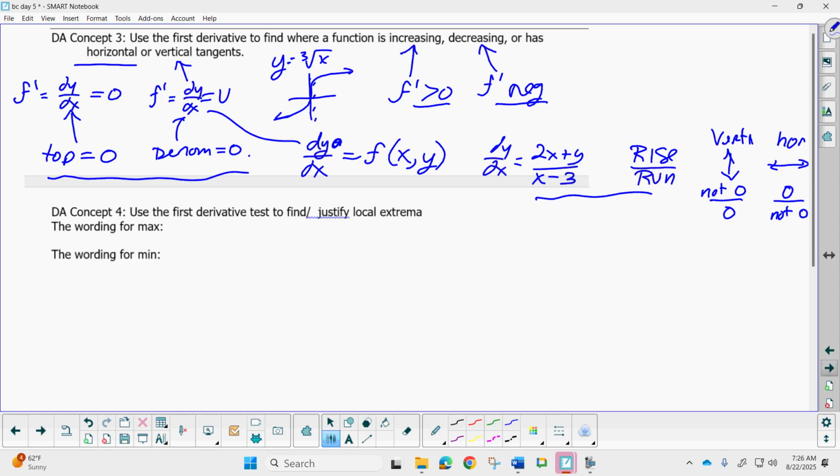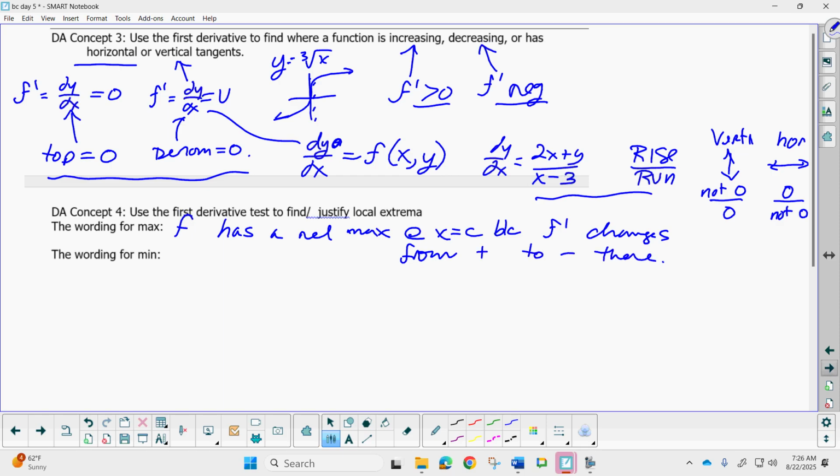Just an example. I know you've been taught well. Just to remind you, use the first derivative to justify. Just a max might be f. Keep in mind the subjects to the sentence, because there will be two subjects floating around there, f and f prime. f has a relative max at x equals c because f prime changes from positive to negative there.